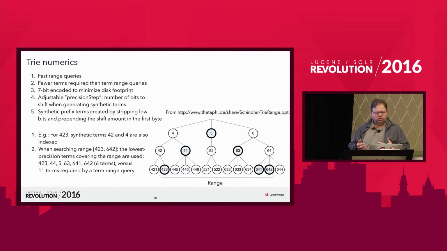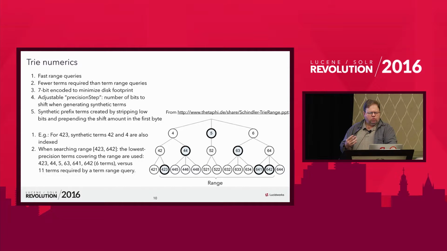And because there's fewer terms to enumerate and fewer searches to perform as a result, the queries could be much faster. In order to minimize disk footprint, this was and still is 7 bits per byte encoded, so that when serialized to UTF-8, it doesn't blow up into multiple bytes.